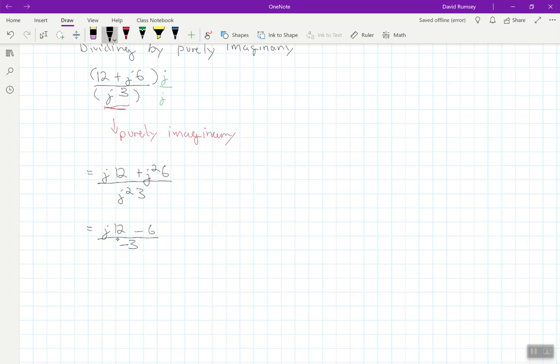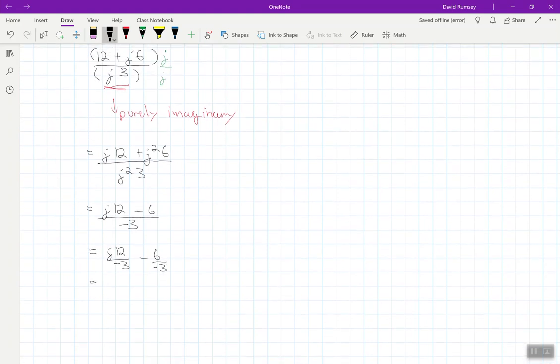And so now if we just simplify this here, we can write this as j12 over negative 3 minus 6 over negative 3, which 12 divided by negative 3 would be negative j4. Negative 6 divided by negative 3 would be plus 2. And then we should probably write our answer in the standard form, which is the real part first and the imaginary part second, 2 minus j4.